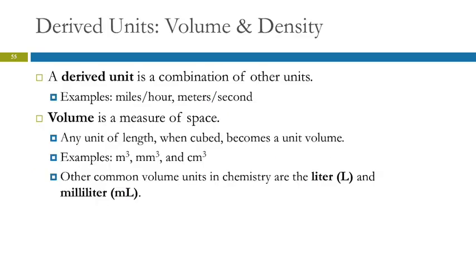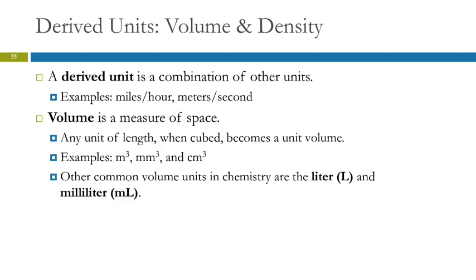So we talked about units for length and mass and time and temperature. Volume and density are what are called derived units. So a derived unit is a combination of other units. So the metric system and the SI system have a set of base units. All other units are combinations of those units.